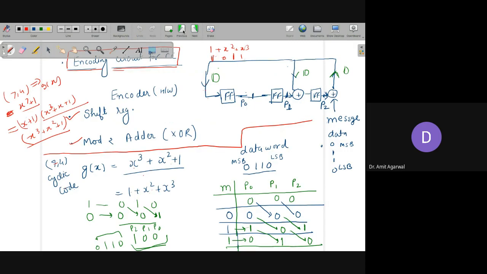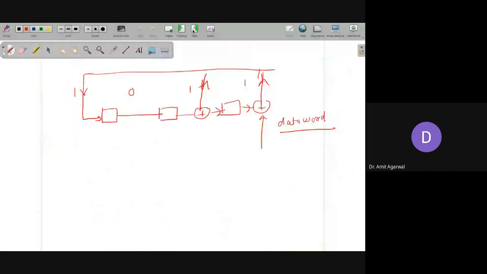The question is, first we insert the MSB or LSB. So if your data word is 0, 1, 1, 0, we put first its MSB. This is your MSB and this is your LSB. So we start with MSB first, so MSB here.